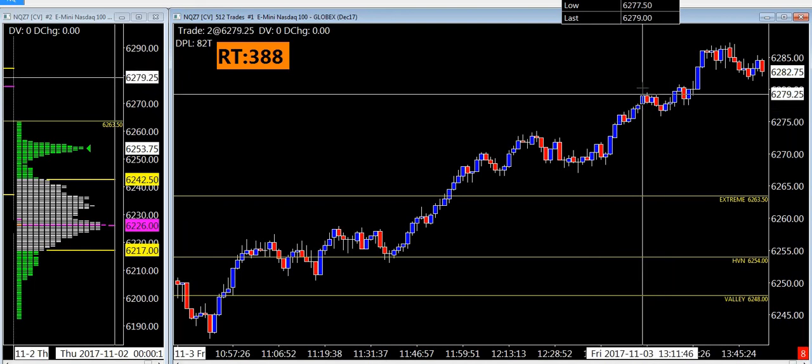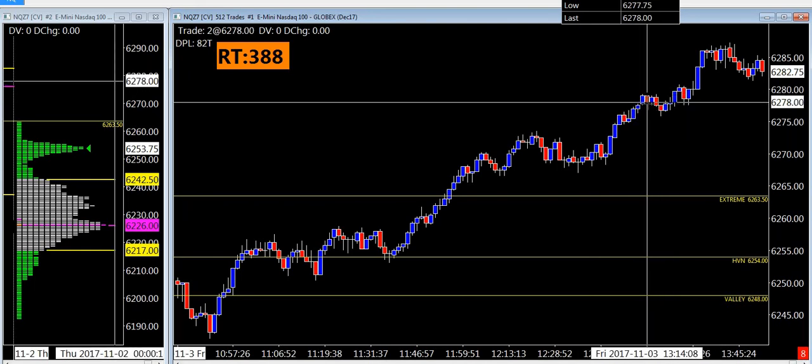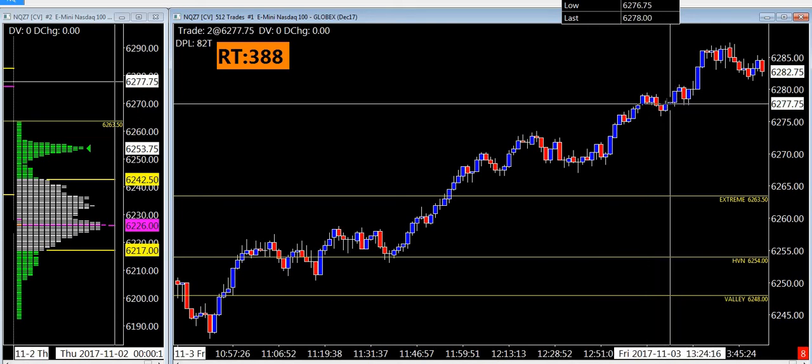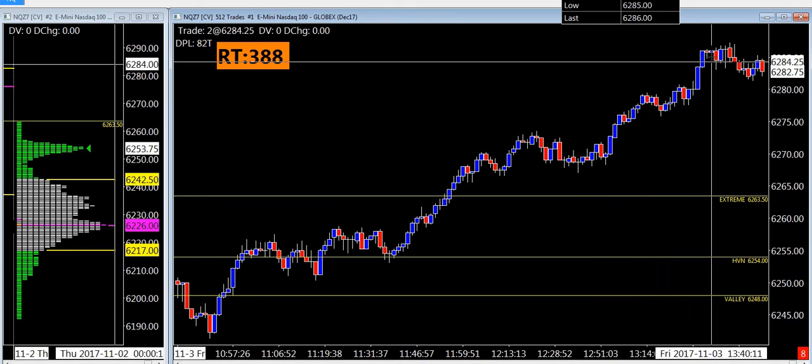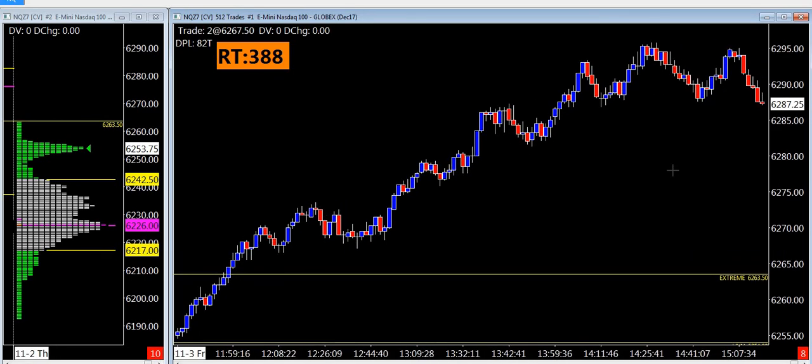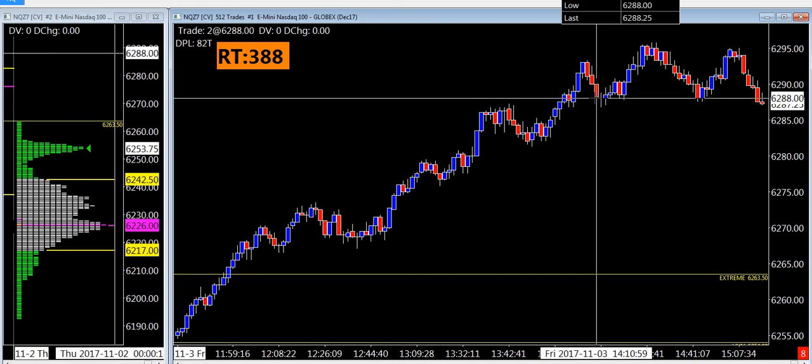And so we make a higher high and a higher low, and price takes out the high over here and pulls right back to that candle and up for some more. And it makes a higher high and a higher low and comes up to here, and there's your pullback right there.